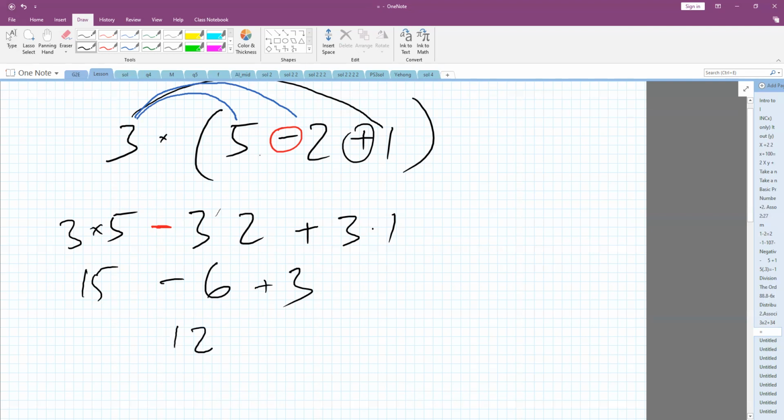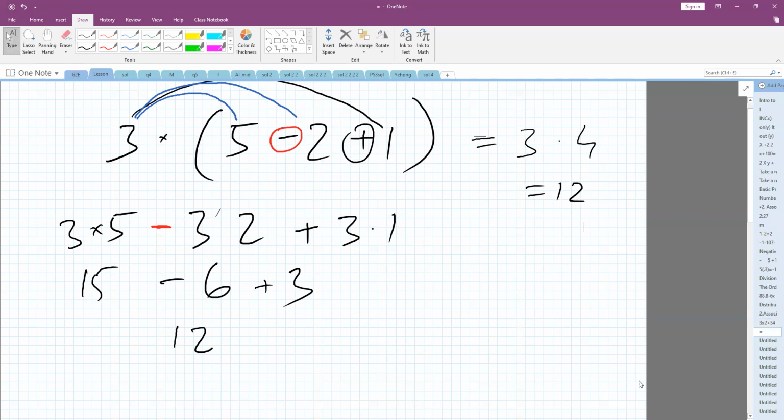And that's the same thing if you now, okay, so what's this? If you have 5 minus 2 plus 1, 4. So you have 3 times 4, which is 12 also, right?